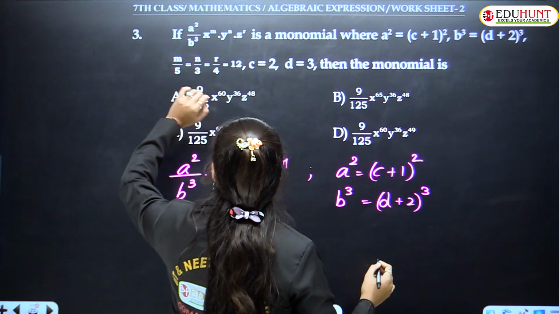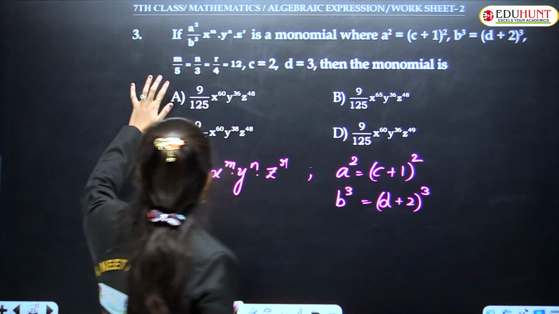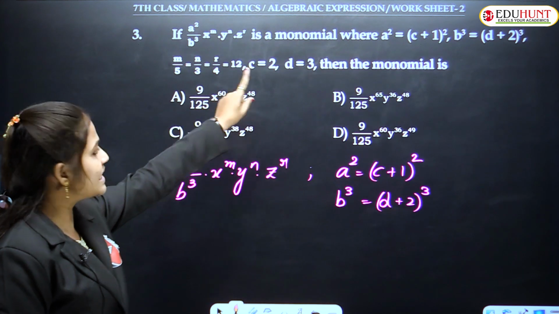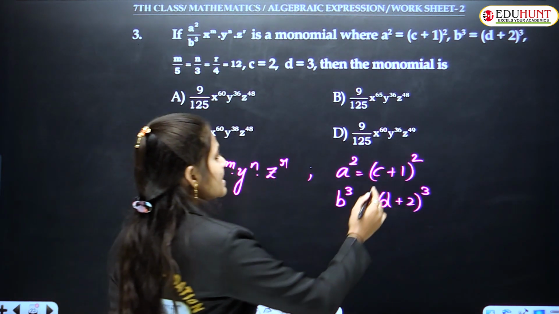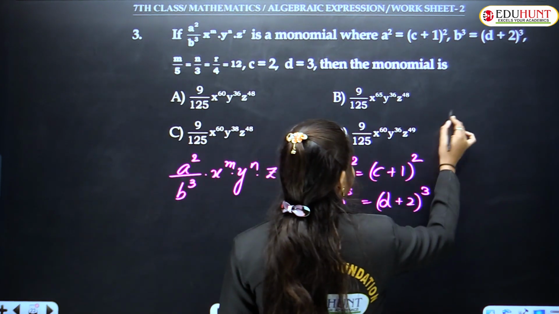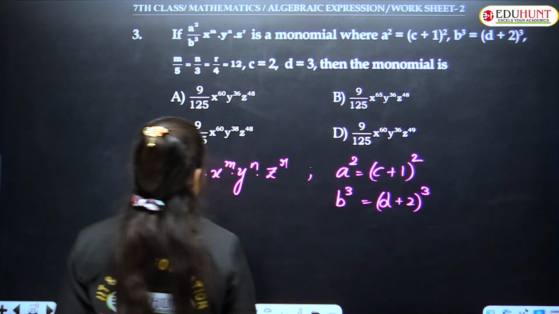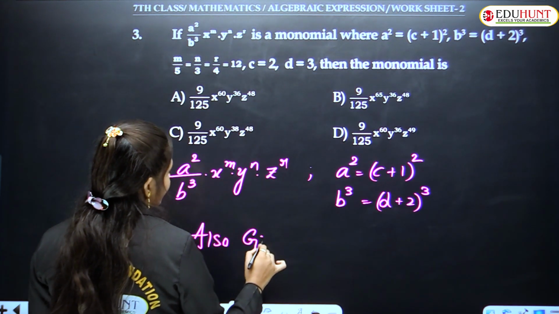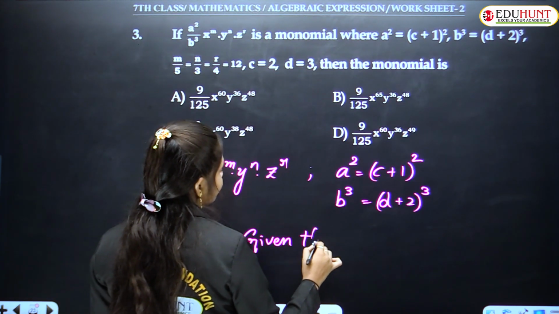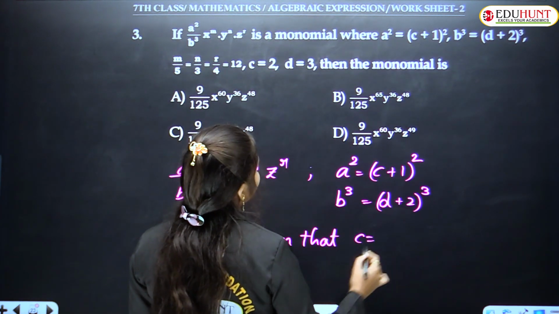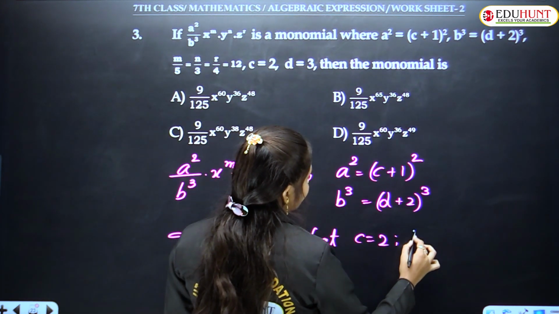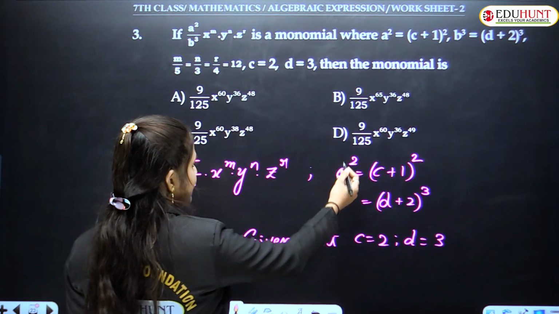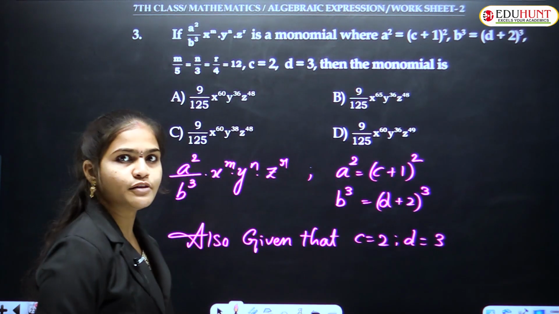In the same way, they gave that m is 5, n is 3, r is 12, and the c and d values also: c is equal to 2, d is equal to 3. As per this, first we find the a and b values.